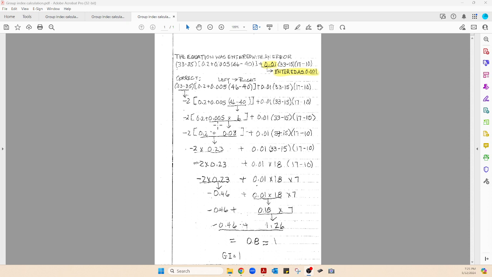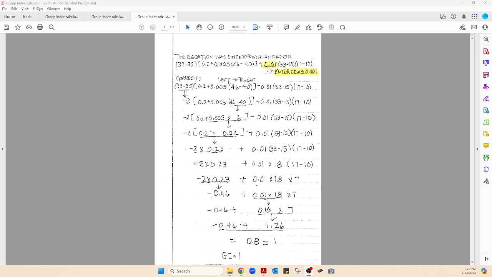I already worked through this once, believe it or not. 0.2 plus 0.005 equals 0.205, and I'm not getting what I want. I'm not getting 0.3 times 6. I'm getting 1.23 right here.